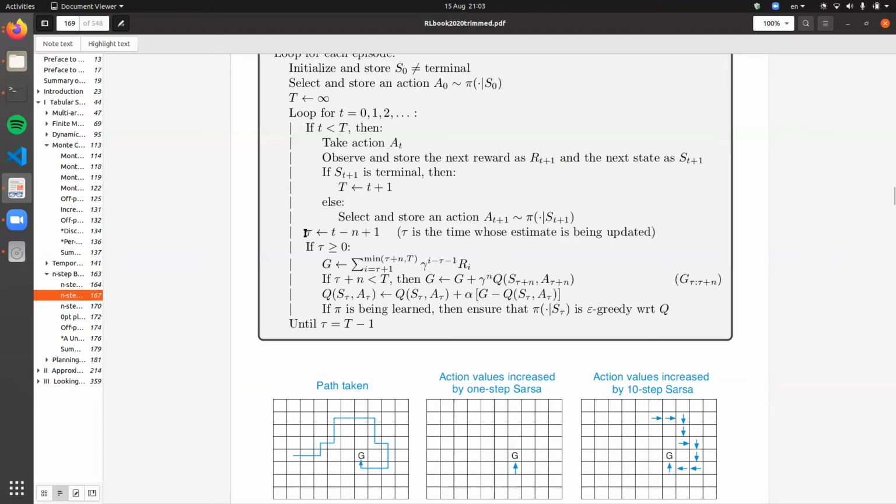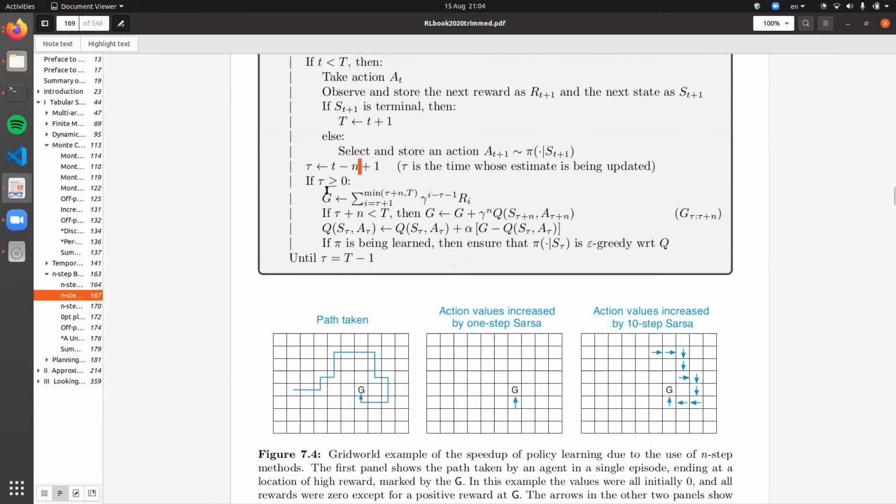And here, tau is the state that is being updated. You can see, for example, if we set n to be 4, we will not update any value for any state before we get to time step 3, because before that tau will be less than 0.